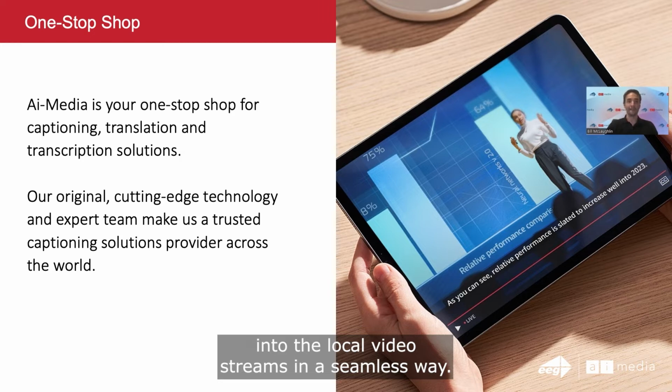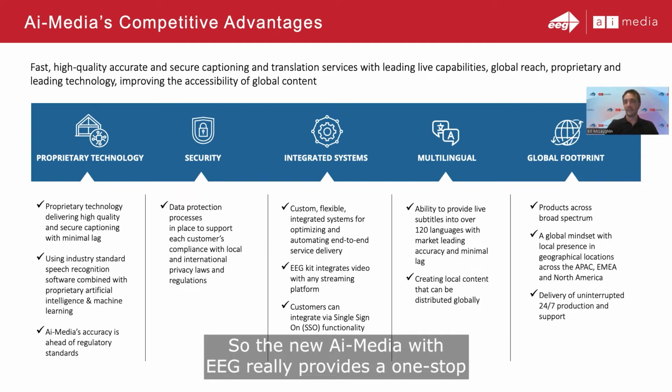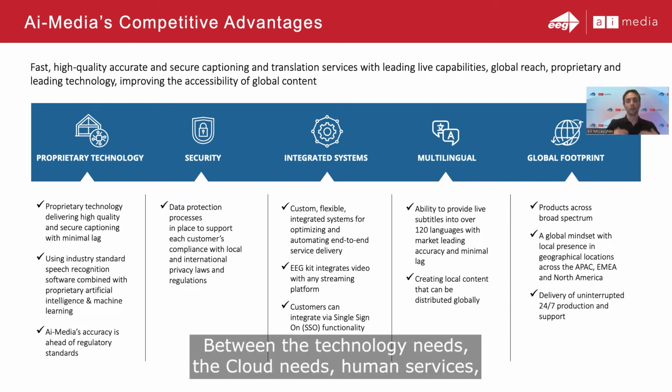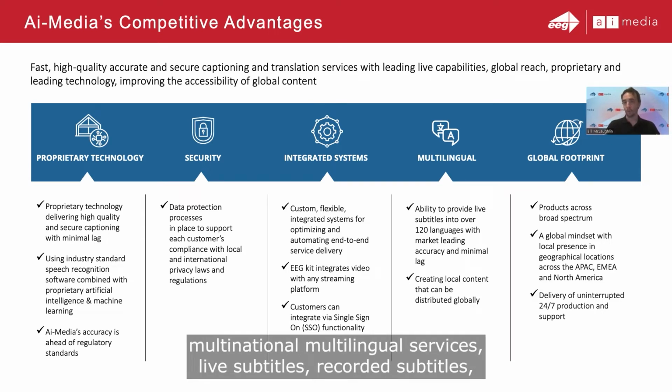So the new AI Media with EEG really provides a one-stop shop for what you need to do captioning and subtitling, between the technology needs, the cloud needs, human services, multinational, multilingual services, live subtitles, recorded subtitles.